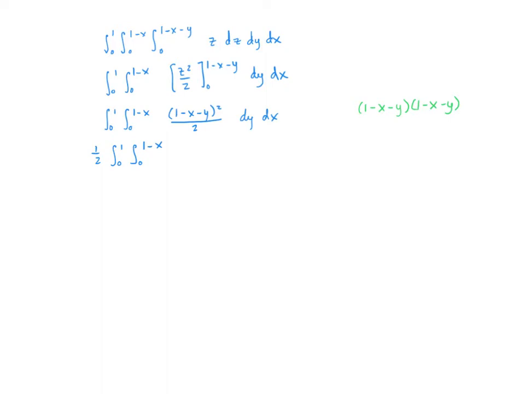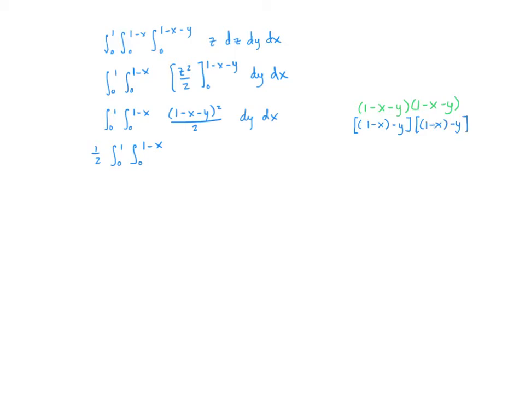But I'm going to notice something. Remember, I'm going to be integrating with respect to y. And I notice that this is actually (1 minus x) in parentheses, minus y.